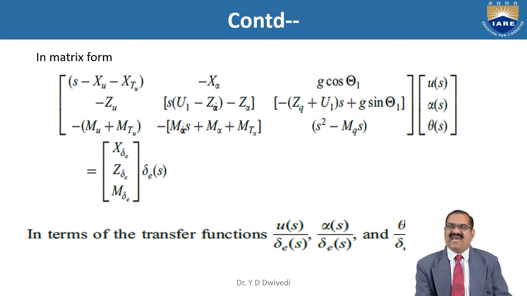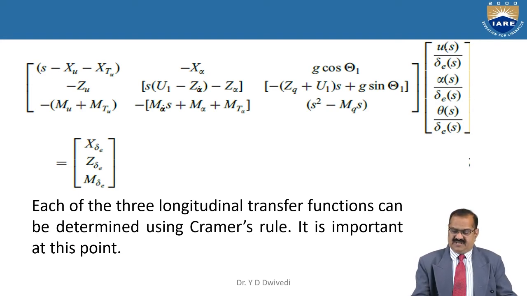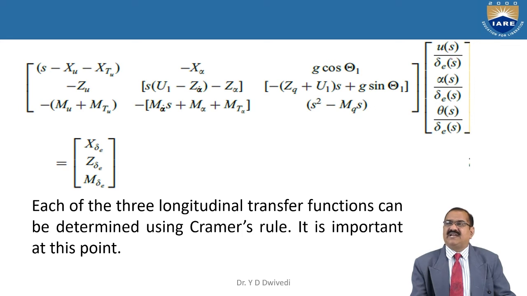This is equal to X_delta_e, Z_delta_e and M_delta_e into delta_e s. In terms of the transfer function, here u s by delta_e s, alpha s by delta_e s and theta s by delta_e s. Again we can write this, u s divided by delta_e s, alpha s divided by delta_e s and theta s divided by delta_e s, and here it is the same matrix which we made earlier.